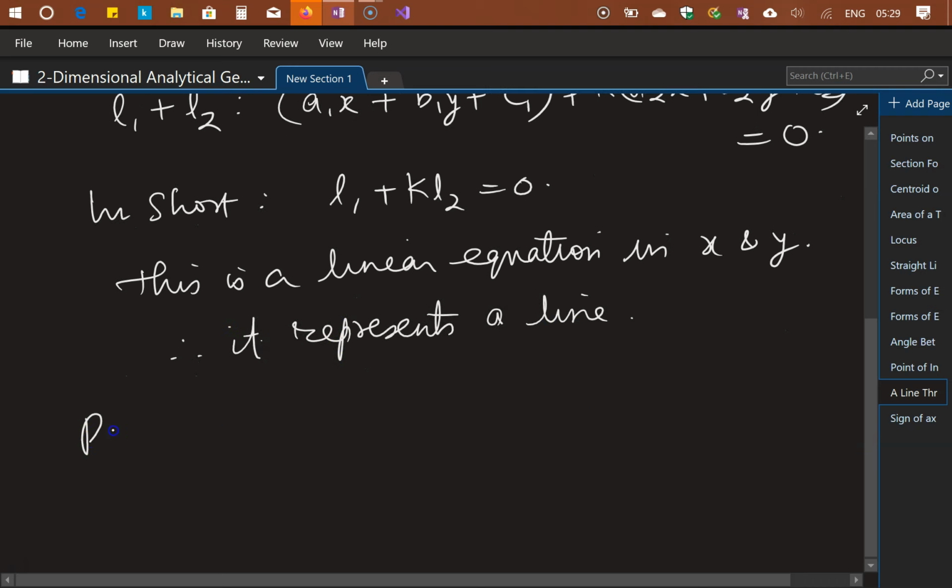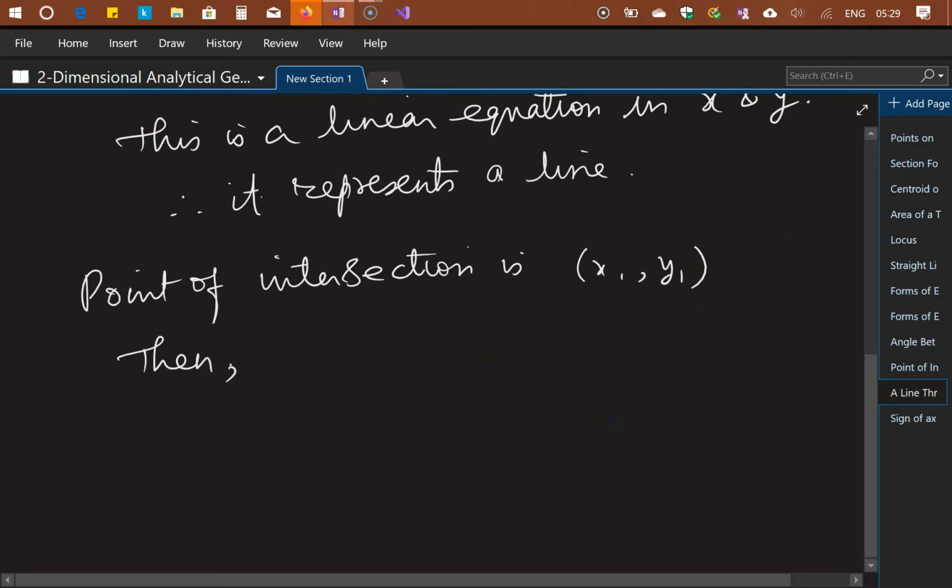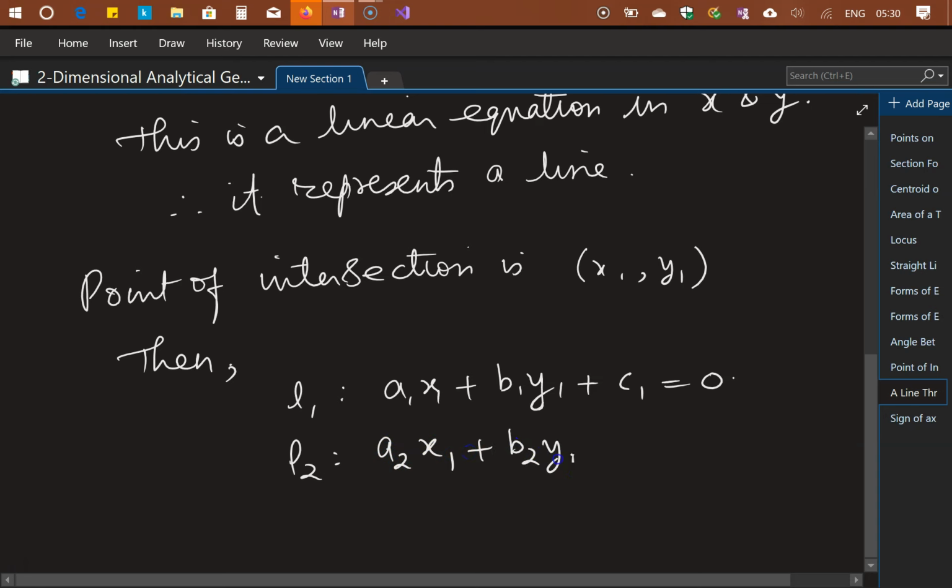Now let's say the point of intersection is (x1, y1). Then the line L1 passing through this point can be written as A1 x1 plus B1 y1 plus C1 equal to 0, and L2, because that is also passing through this point of intersection, can be written as A2 x1 plus B2 y1 plus C2 equal to 0.